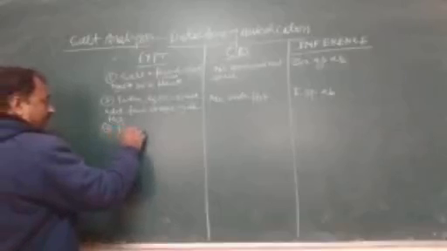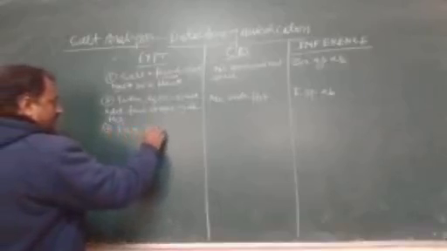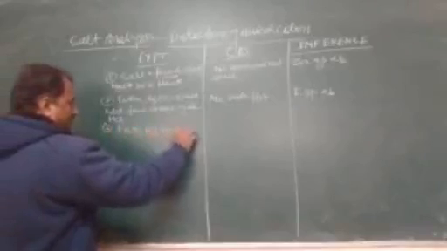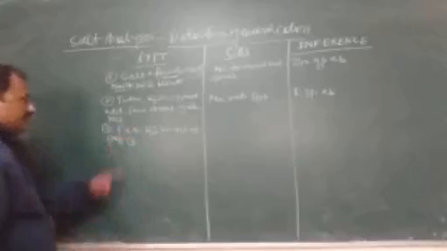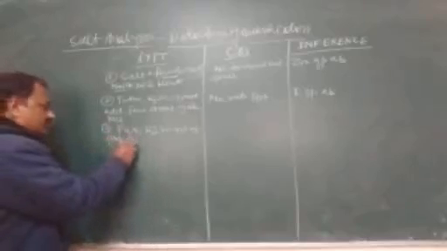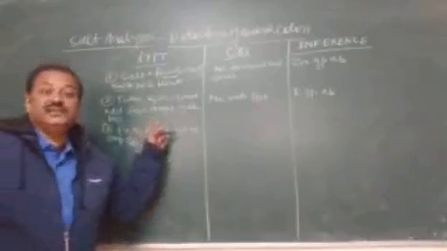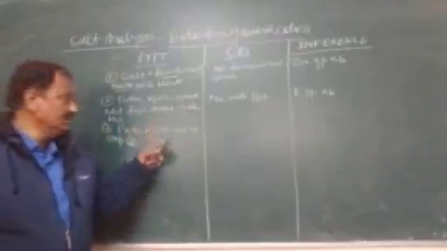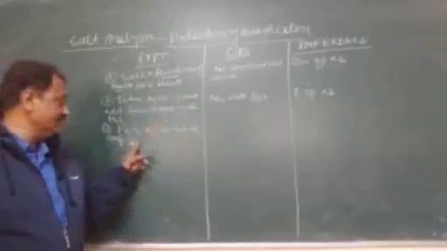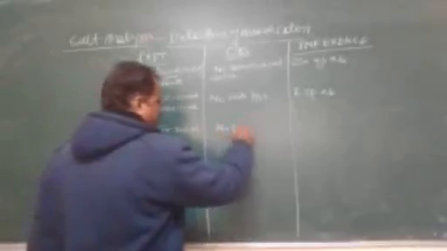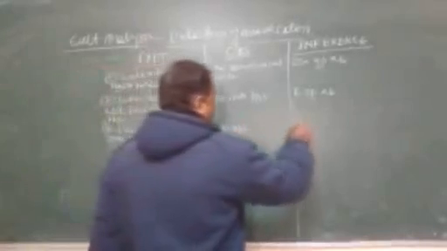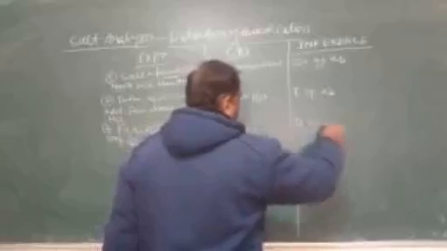Second, pass H2S in the solution of experiment 1, experiment 2. This has to be taken as it is. Just pass H2S, no PPT, second group absent.